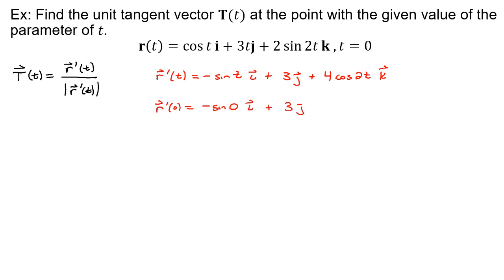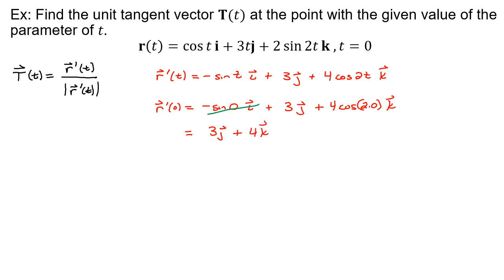The 3j doesn't change. And then 4 cosine 2 times 0. Sine of 0 is 0, so this first term actually just goes away. So all I'll end up with is a 3j, and cosine 0 is 1, so I'll end up with a 4k.